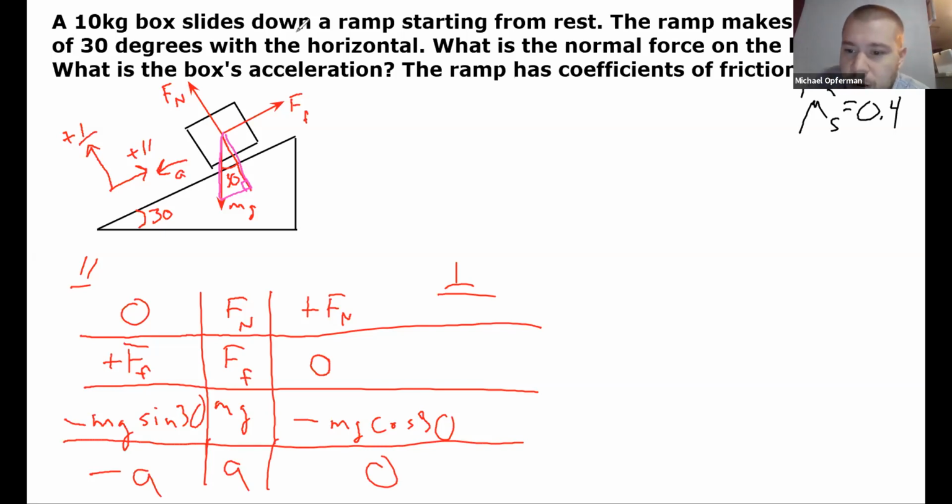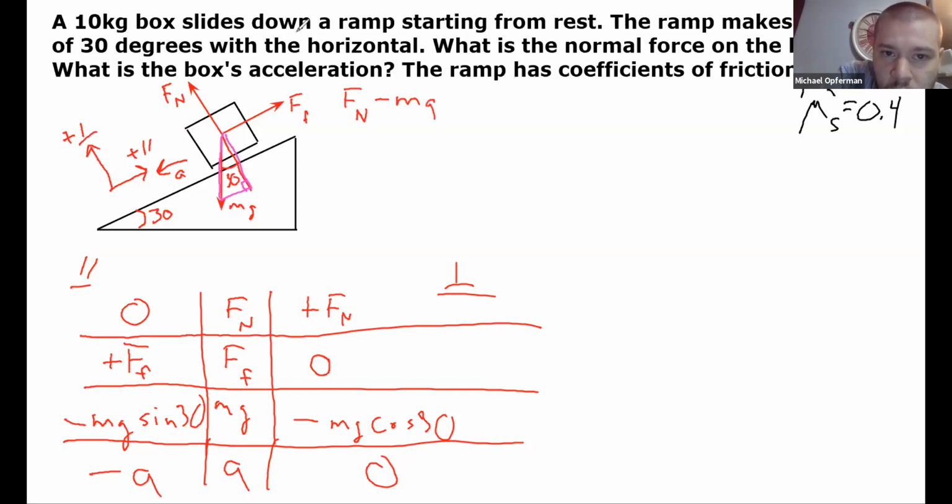Now I can actually start writing down equations. Again, I'm still not worried about whether it's static or kinetic friction just yet. I'm going to wait as long as possible to make that assumption. So in the parallel direction, actually, let's do the perpendicular direction first, because the perpendicular direction doesn't have any friction in it. So this part is not going to depend on whether it is static or kinetic friction.